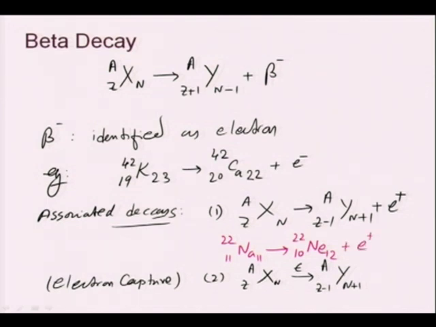And for electron capture, again the same thing you can consider. You can have the Na 22 with 11 protons, goes to Ne 22 with 10 protons and 12 neutrons, with absorption of atomic electron.